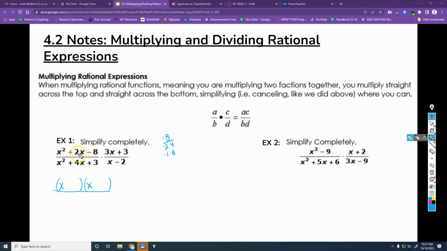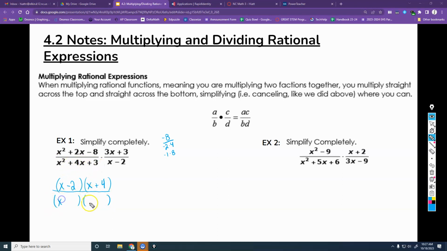So, okay, x squared plus 2x minus 8. We need to get a positive 2 there in the middle. So which one of these should I choose? Negative 2 and 4. So I'm going to do a minus 2 and a plus 4. On the bottom, I'm going to factor. I've got x squared plus 4x plus 3.